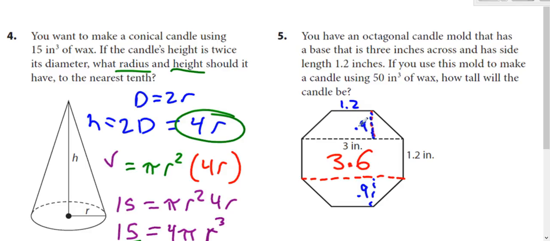And then for the trapezoid, we have 2 of the same, so we're just going to find 1 and we'll multiply it by 2. The base is 3, the other base is 1.2. Remember the formula is 1/2 base 1 plus base 2 times the height. So the first base is 3, the second base is 1.2, the height is 0.9.